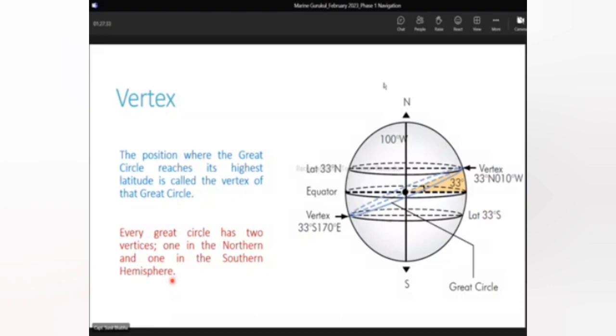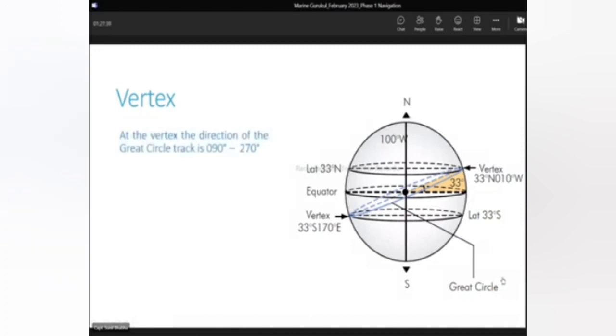Okay, so moving ahead now. One very important property of the vertex is that at the vertex the direction of the great circle track is 090 and 270, or the direction of the great circle track at the vertex is exactly east-west.